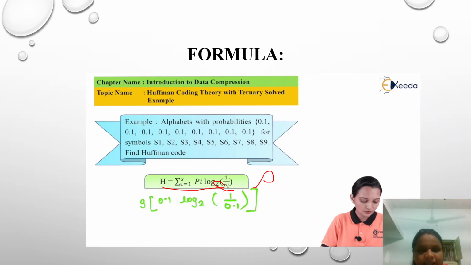We are calculating the Huffman coding through this formula. Here H denotes the entropy of the Huffman coding.